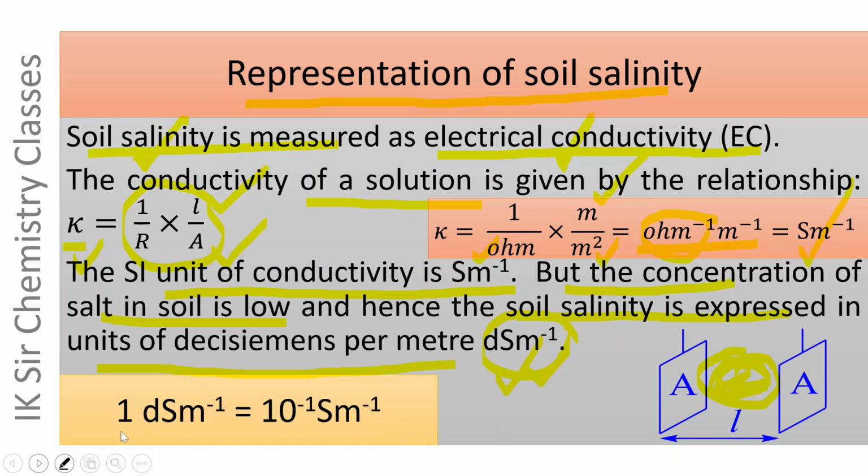Please note that 1 deci-Siemens per meter is equal to 10 to the power minus 1 Siemens per meter. Deci means 10 to the power minus 1.